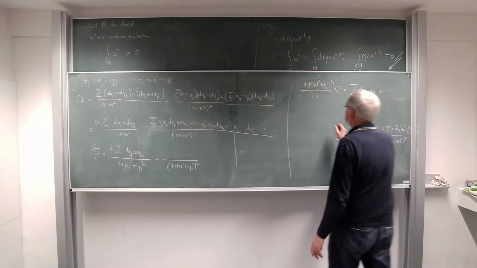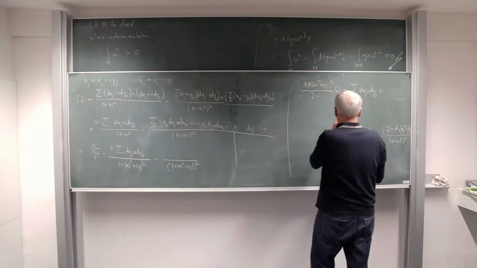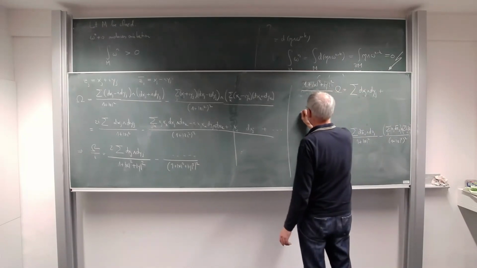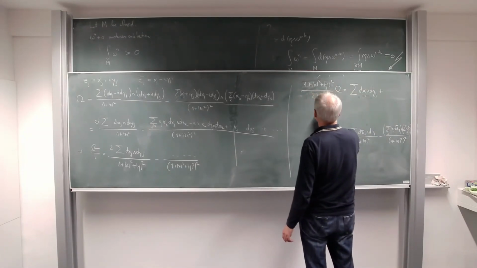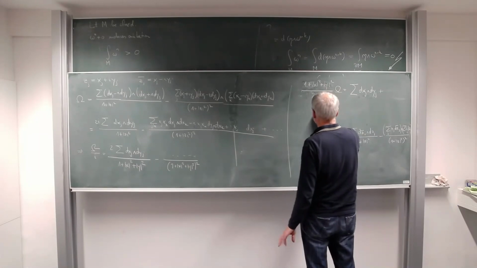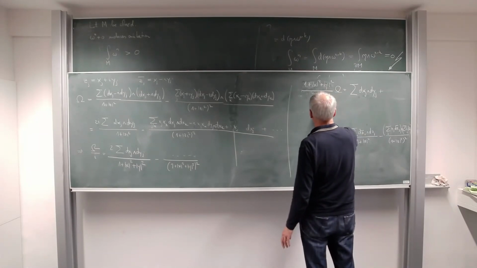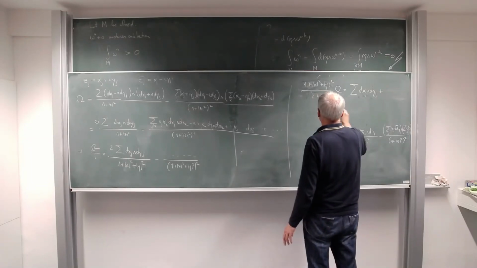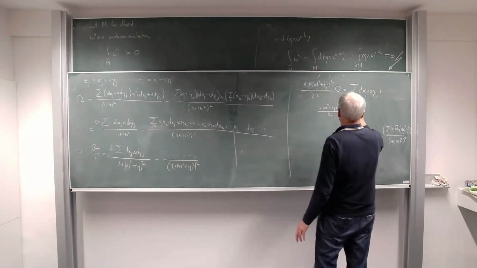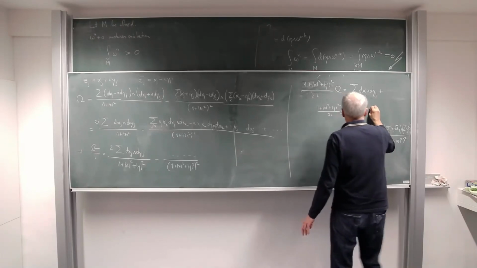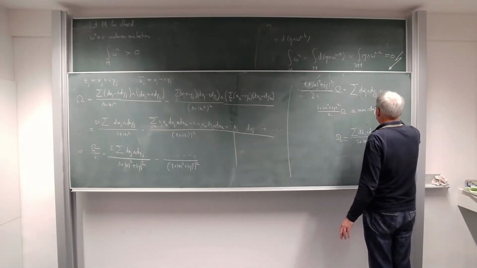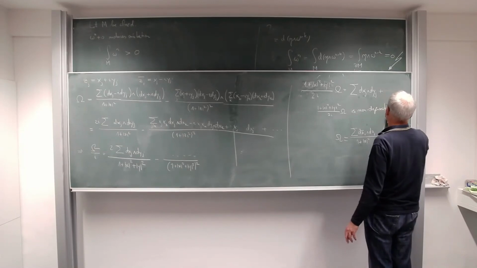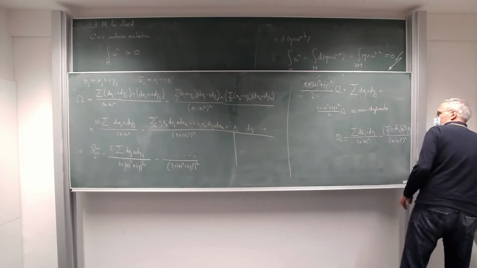A straightforward computation gives you that this term is invertible, and 1 over 2i omega is non-degenerate in the sense that I need for a symplectic form.